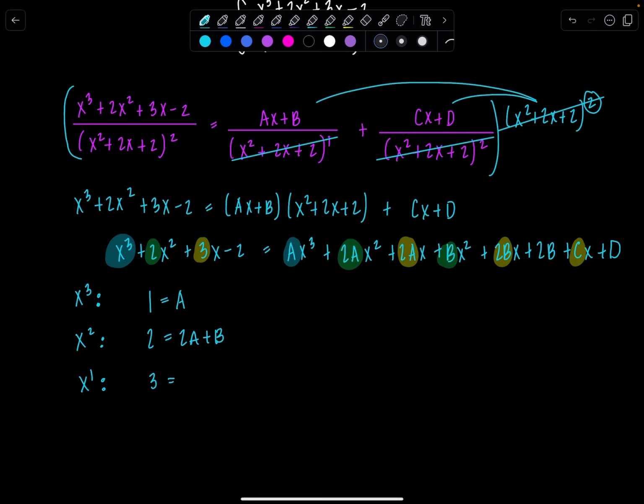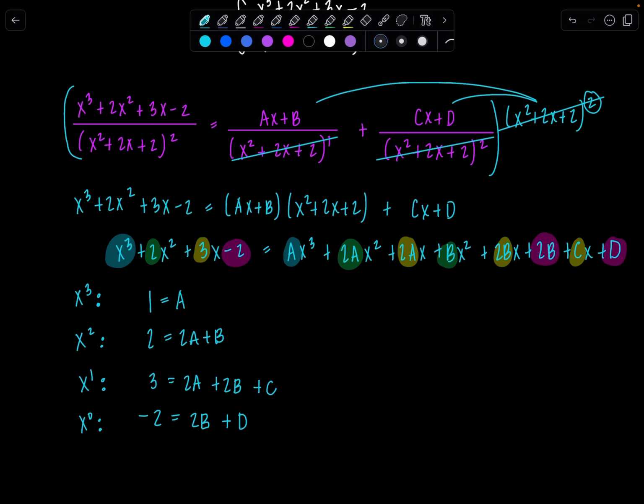So 3 equals 2a plus 2b plus c. And then x to the 0, my constant term: negative 2 equals 2b plus d.